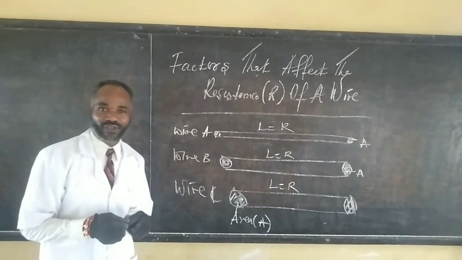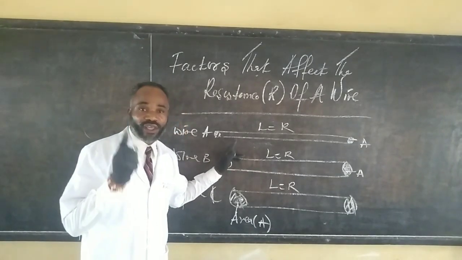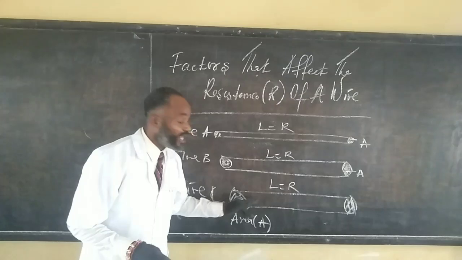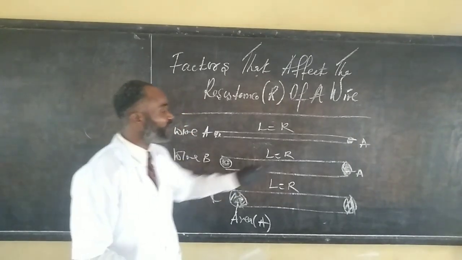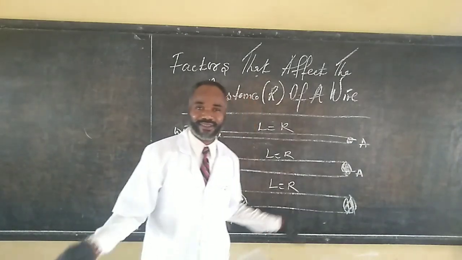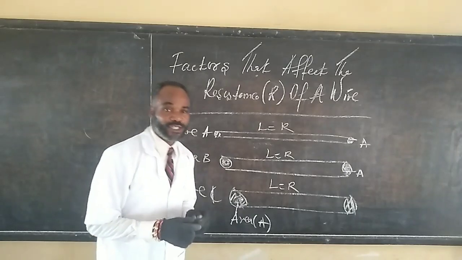Interesting. Can you tell me your observation here? Can you see the 3 wires? The 3 wires are not the same in size. Of course, they have different cross-sectional areas. So I want to tease you a bit.